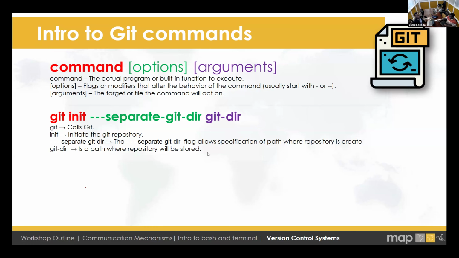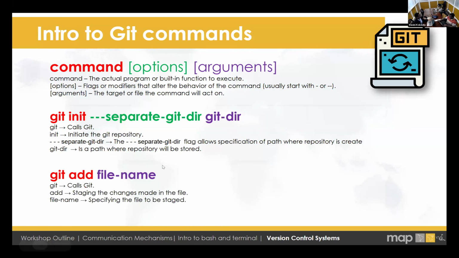Where do you want to initiate the Git from? There is another command for Git, which is add file, and it goes the same way. This one doesn't have the option. We will see in the demo. I will open my R soon, and then we can practice together.